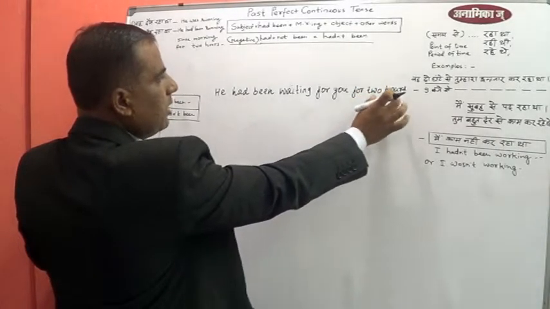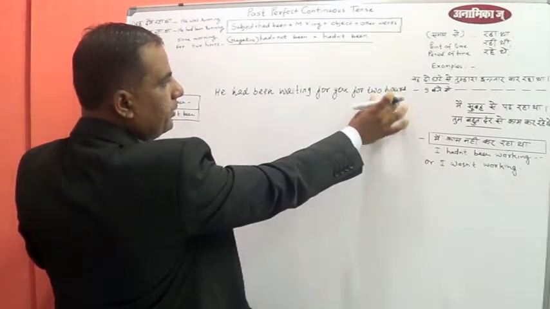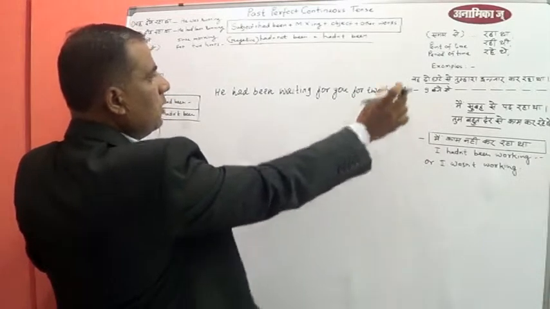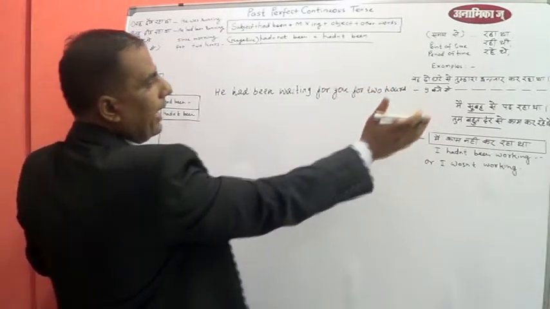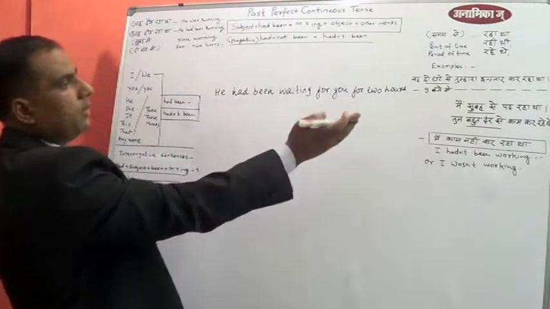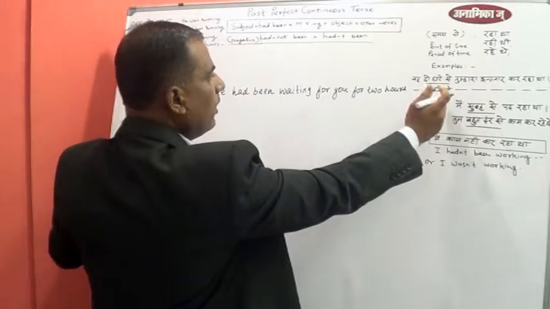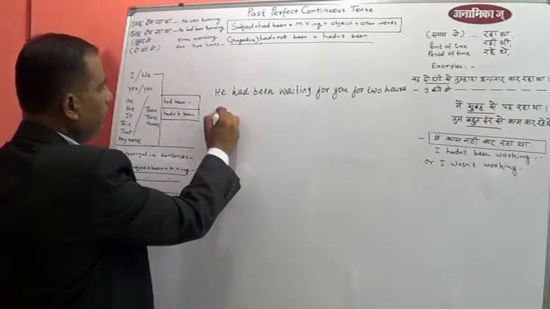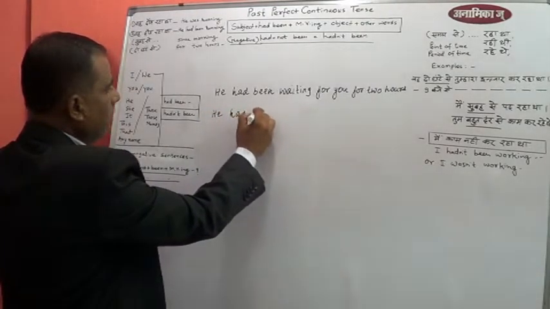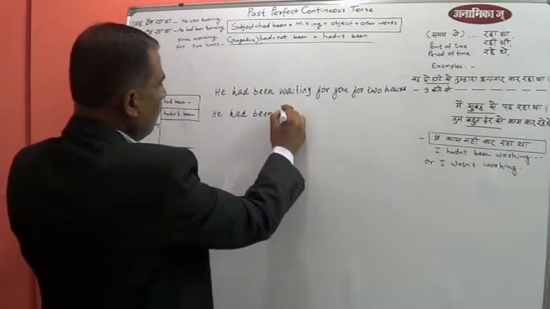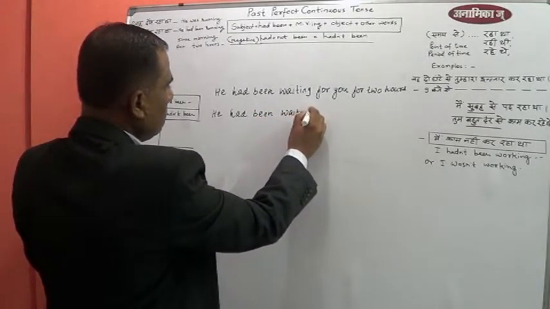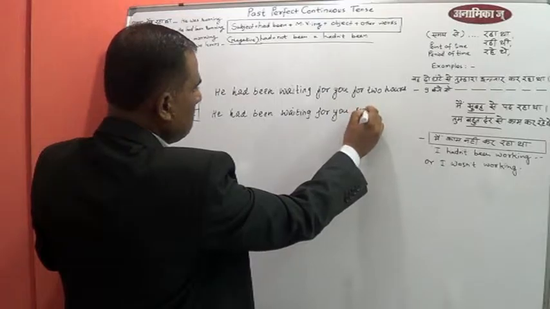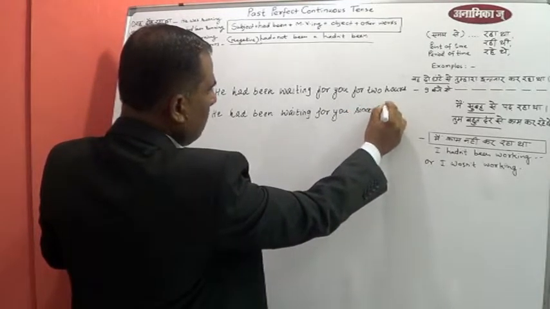So this for has come because here we have a length of time or a period of time which is 2 hours. Now let's suppose we want to express the same thing with the help of exact time when this activity started in the past. जैसे कि वह 9 बजे से तुम्हारा इंतजार कर रहा था. So the sentence will be framed like he had been waiting for you since 9 o'clock.